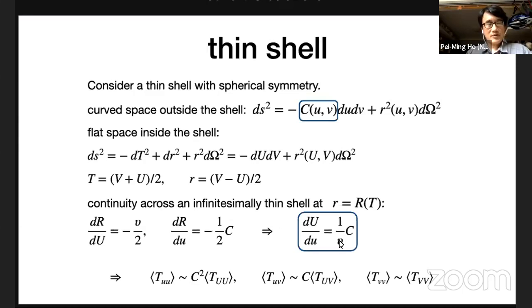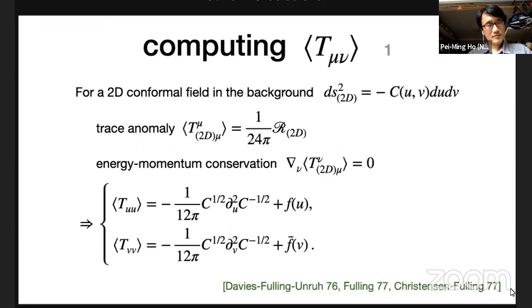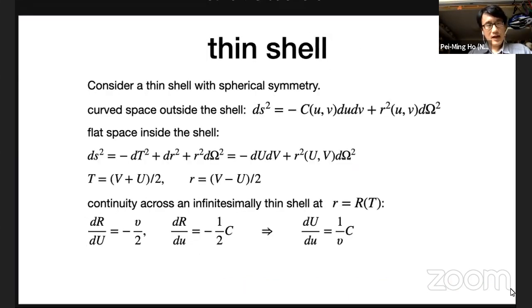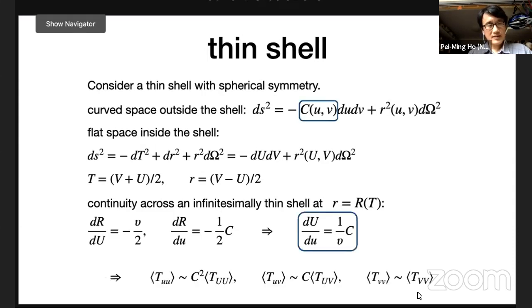So if you define capital U and V this way, according to the internal space inside the collapsing shell, you again arrive at the same condition on the vacuum energy momentum tensor. That was how we can justify the factors of C in this coordinate transformation, so that we know these vacuum energy momentum tensors are of a certain order.